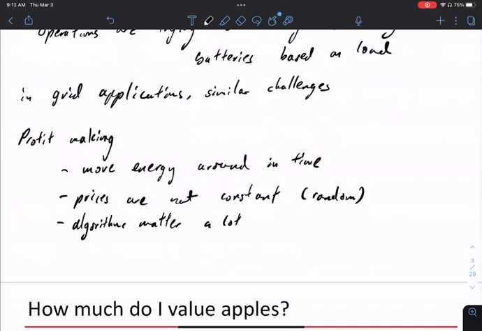Right? So that's where a lot of work is, a lot of research is, looking at the price. Can I have an algorithm that arbitrages successfully in time? So let's give an example of arbitraging when price is random.